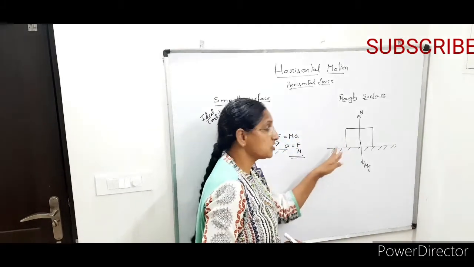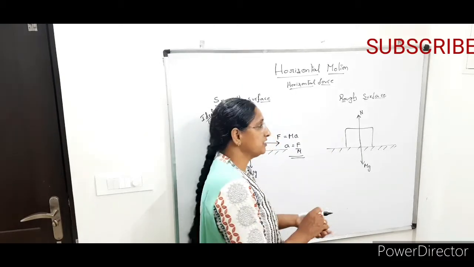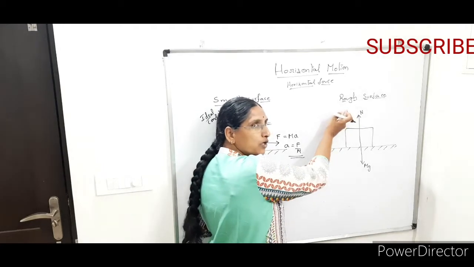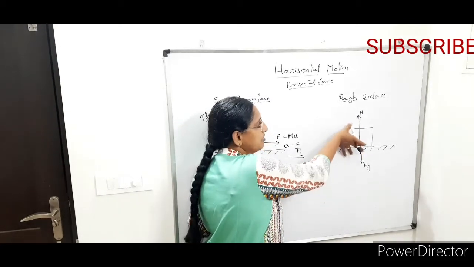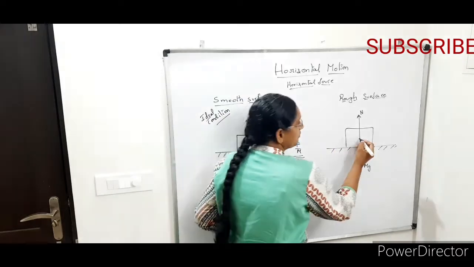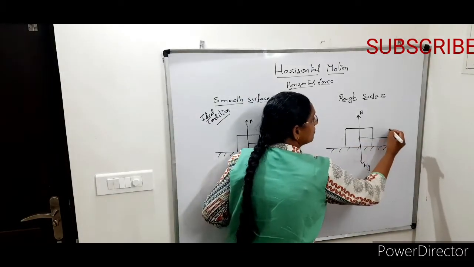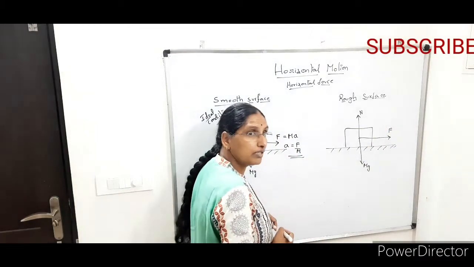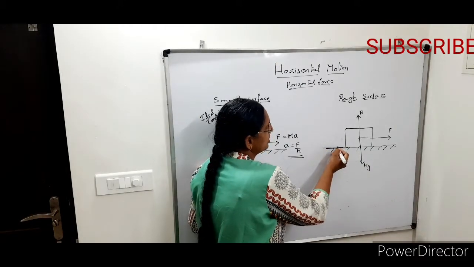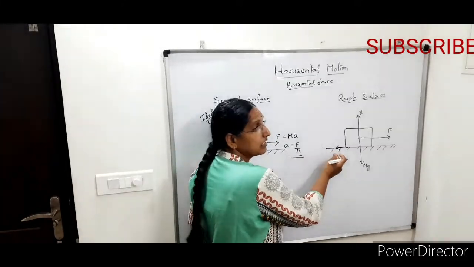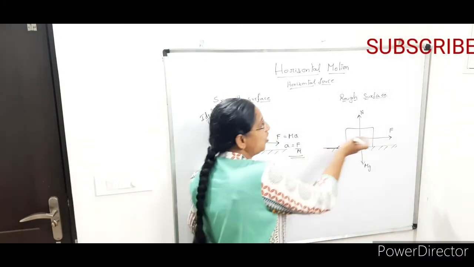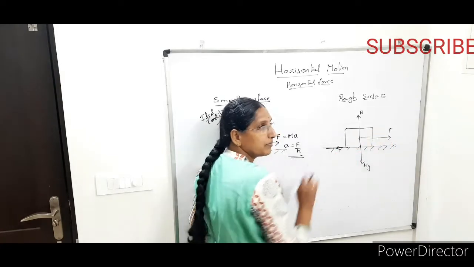Now here the case is not smooth, it is a rough surface. The same weight acts vertically downwards and normal reaction vertically upwards. The body is in equilibrium, that is, at rest right now. Now a force F is applied horizontally. Now friction starts acting at the surface of contact, opposite to the force applied.